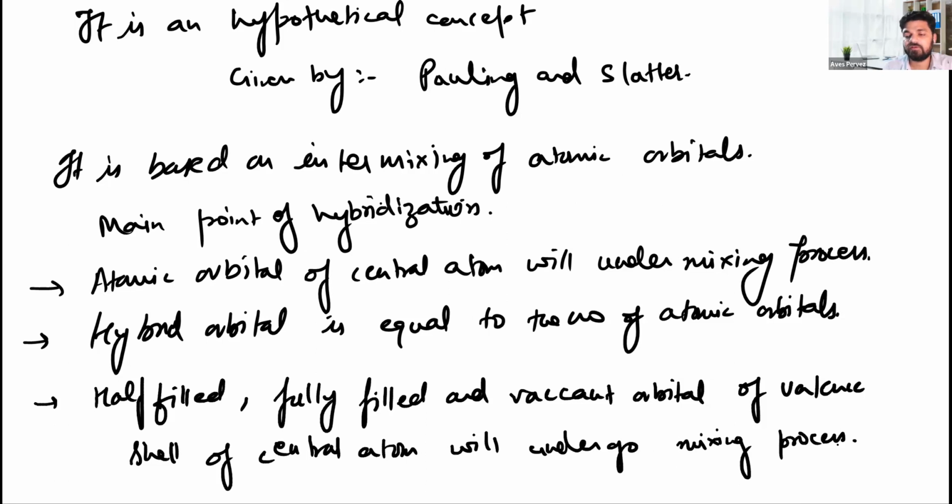Four. Because if you have 1s and 3p, 1 plus 3 is 4. So the number of atomic orbitals intermixing will be equal to the number of hybrid orbitals formed. Understood this point? Yes, sir.